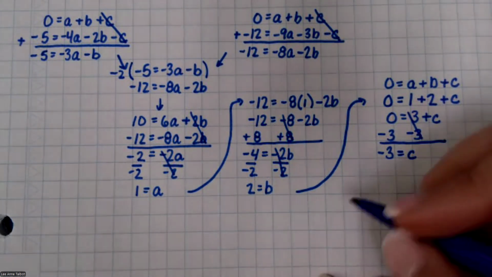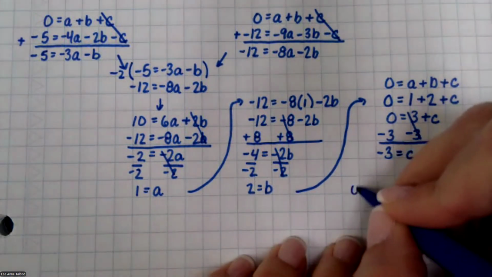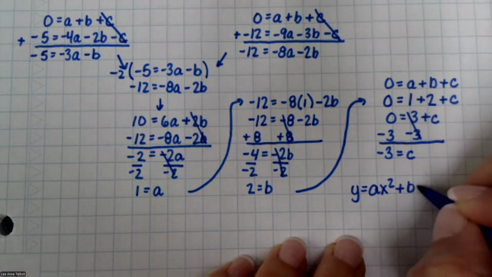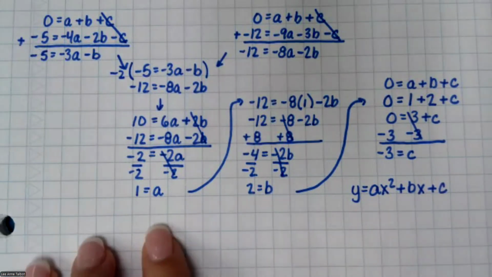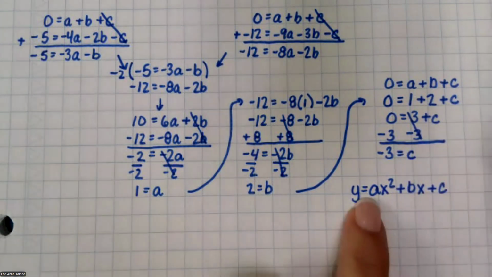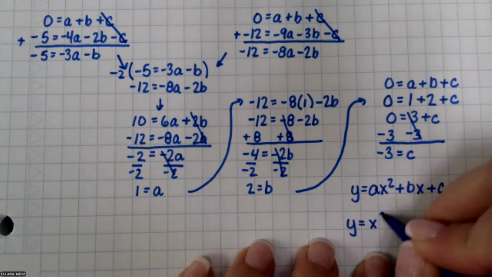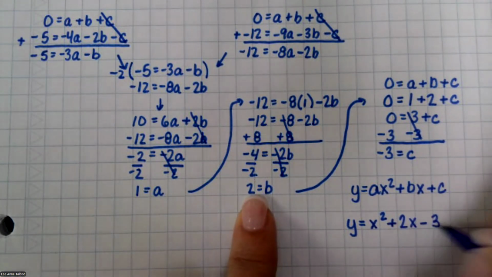Okay, and then this is wonderful. That's not what I asked for, though. I asked for an equation, so I'm just going to remind you because it's notes. This is standard form. So we just plug A, B, and C into those. So y equals A is 1, so I'm just not going to write anything. I'm just going to write x squared plus 2x minus 3.